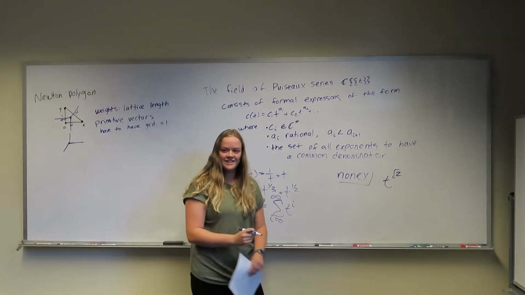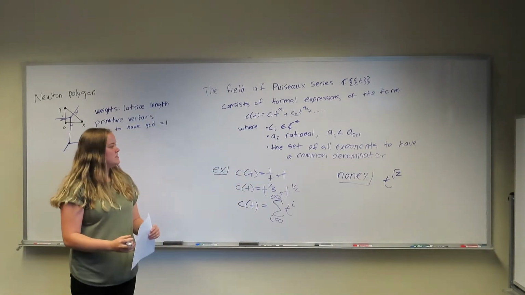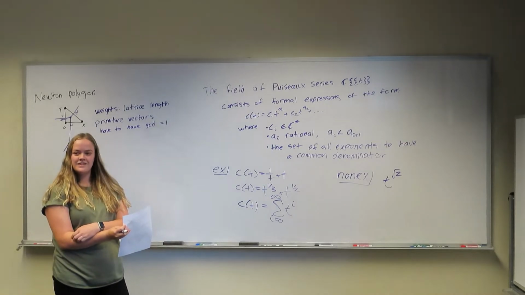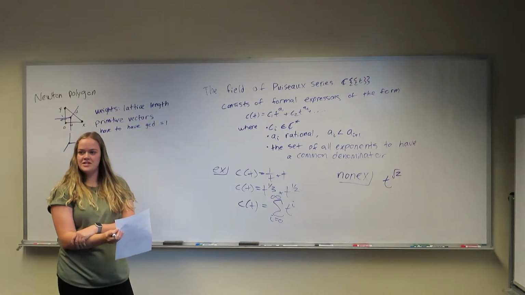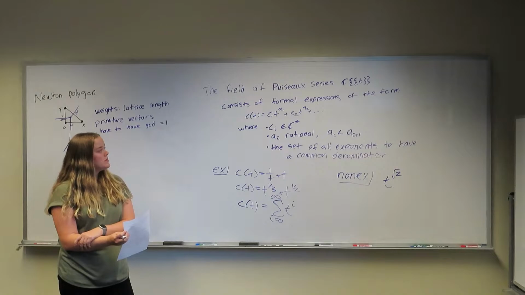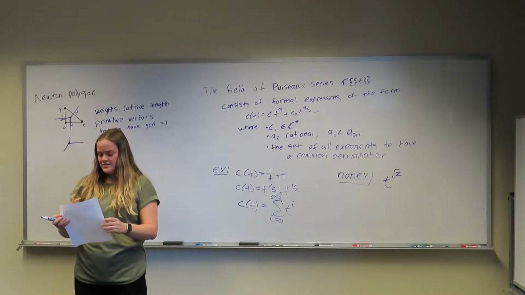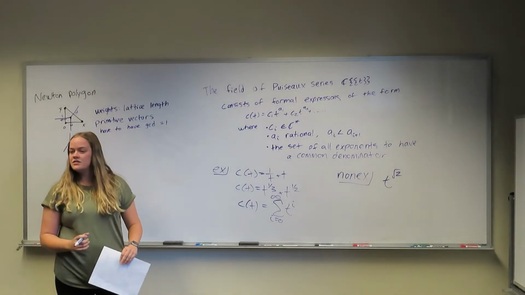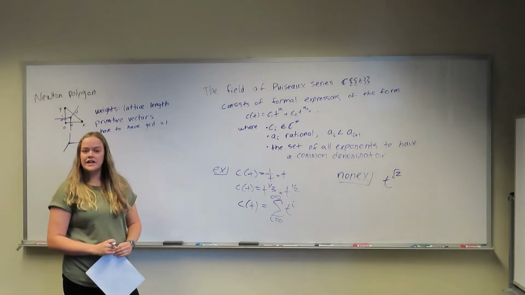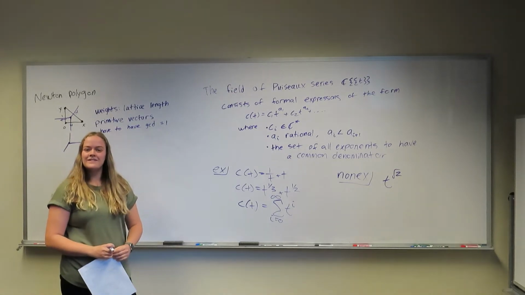Question? It looks to me like the way this is written, you could have an infinite number of positive exponents, but you're limited to having a finite number of negative exponents. You can have infinite negative exponents too. How do you do that with that indexing? Like t to the negative 1 over i. But you're saying that they're in increasing order. So t to the negative 1, negative 1/2, negative 1/3, negative 1/4.